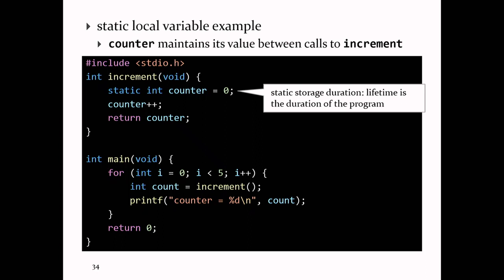So this is C's way of maintaining state between function calls. Instead of using an object, you can use a static variable, and the value of that variable will be maintained between calls to the function. I don't think we're actually making you use this for anything in this course. It's not super useful, to be honest, but it's a feature that you need to know about.